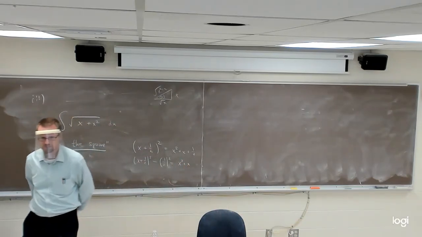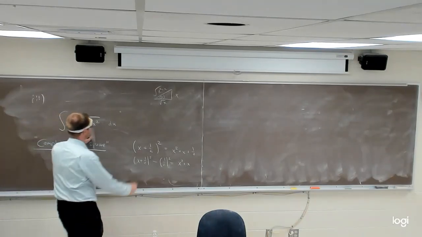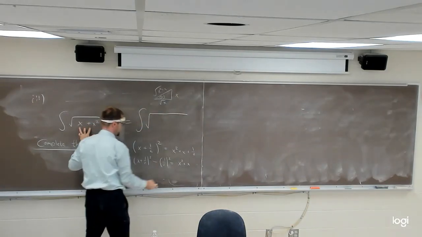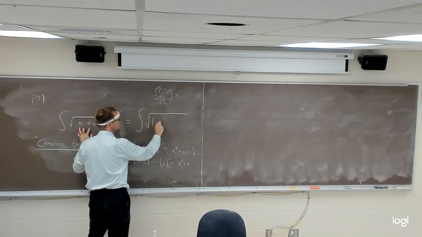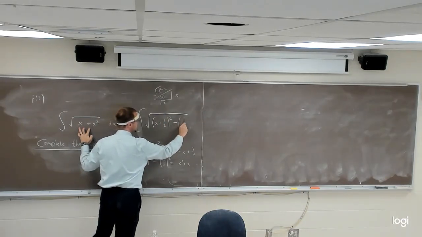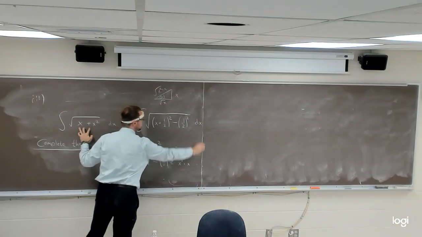I have x squared plus x. So I'm going to use completing the square to recognize this is actually a difference of squares. I just have to work a little bit to see it. Square root of x plus a half squared minus a half squared dx.